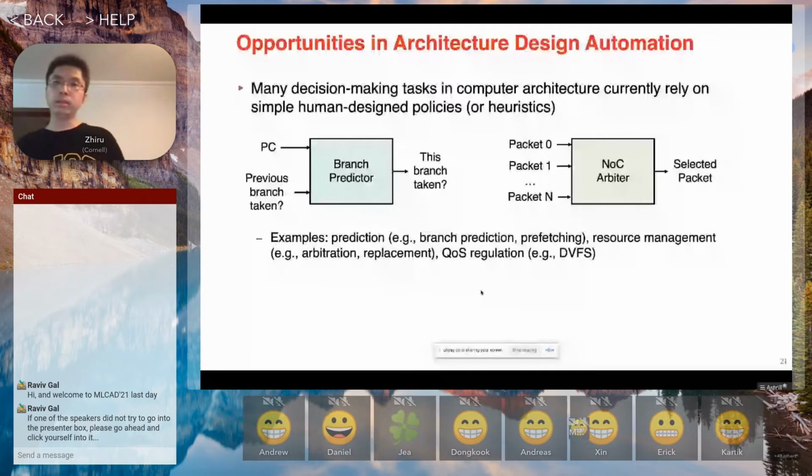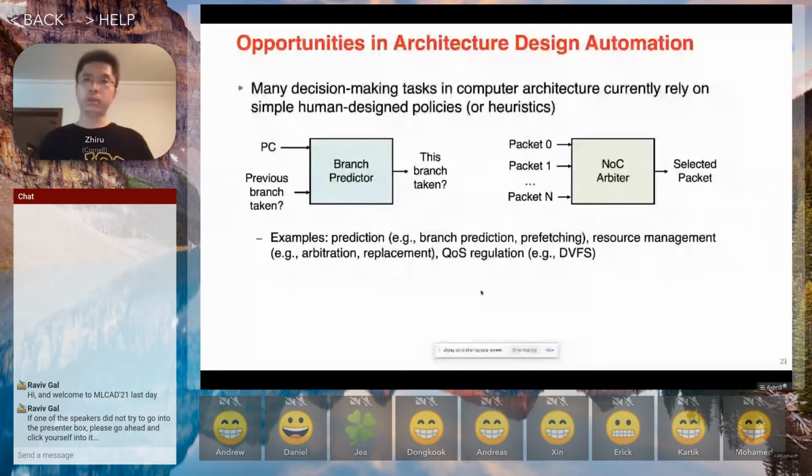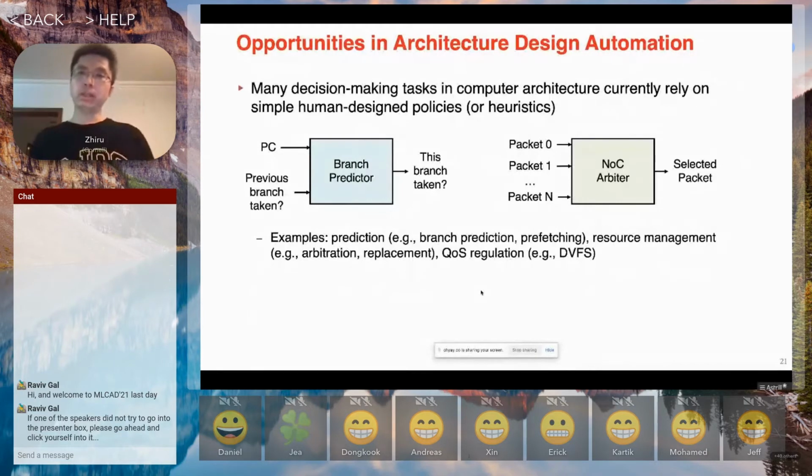Here is the context of this research. There are a lot of opportunities in architecture design automation, since in modern-day computer architecture there are many decision-making tasks which currently rely on simple human design policies or heuristics. For example, there is a lot of prediction, whether it's branch prediction or prefetching, or resource management like arbitration, replacement, or QoS regulation, like DVFS.